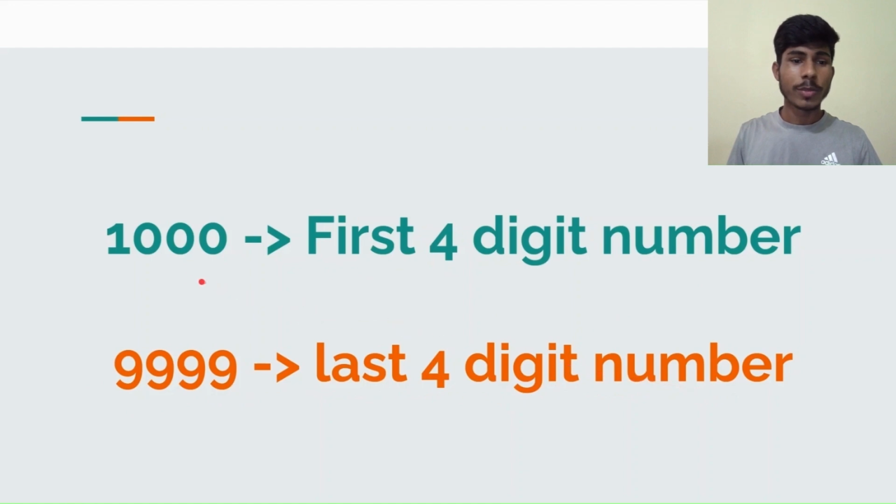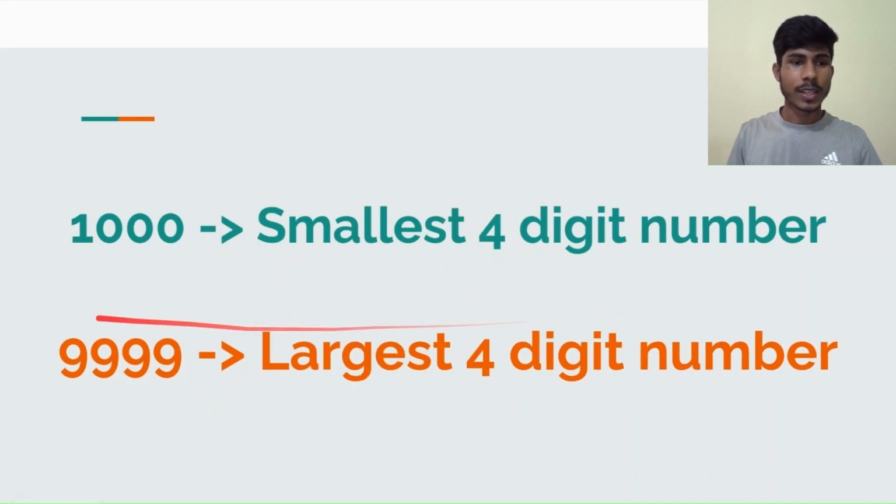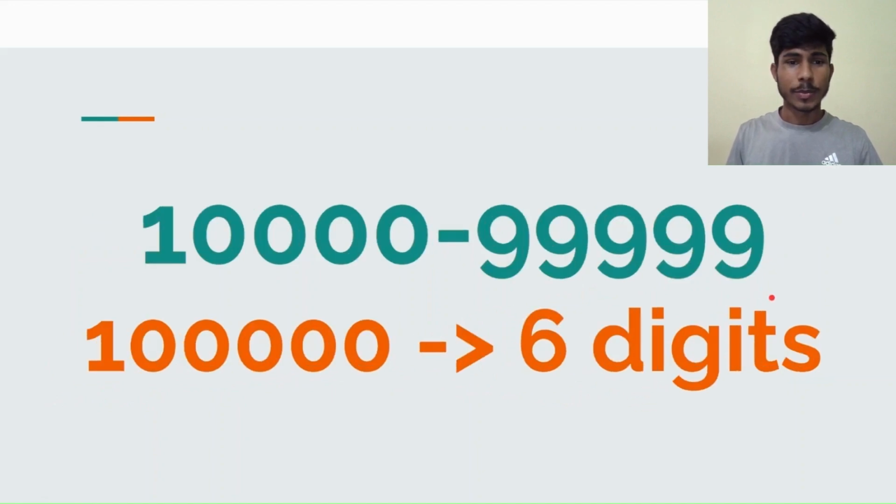So 1000 will be the smallest, and 9999 will be the largest 4-digit number. Okay, you got it?